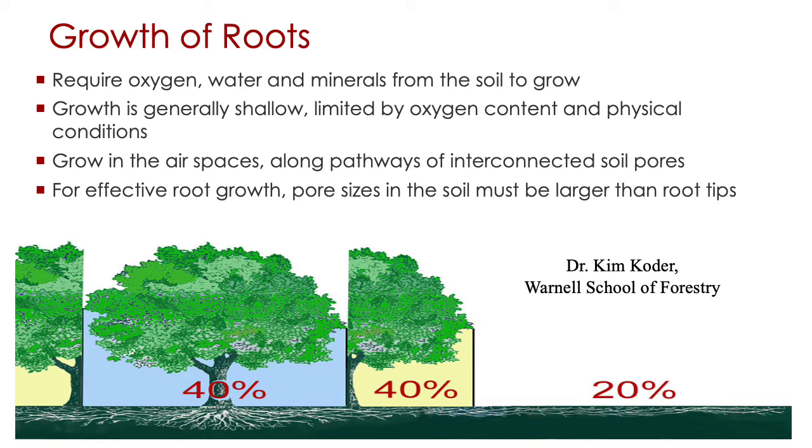So let's just say in this particular instance that the distance from the trunk to the edge of the drip line on this tree is 33 feet. So 33 feet from the trunk all the way around the tree in a large circle, that would be the first 40% of the tree's root system. Now the second 40% is another 33 feet out from the drip line.